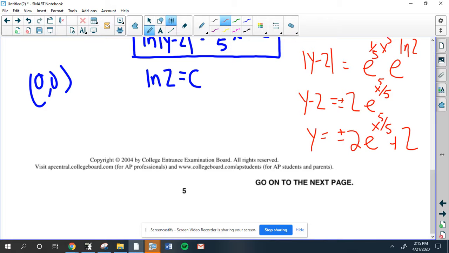So when I plug in 0 for x here, I'll get plus or minus 2 times 1 plus 2. So positive 2 plus 2 is 4. Negative 2 plus 2 is 0. Remember, I need this to be 0 because I need 0, 0 to be on the graph. Therefore, that forces me to pick the negative.